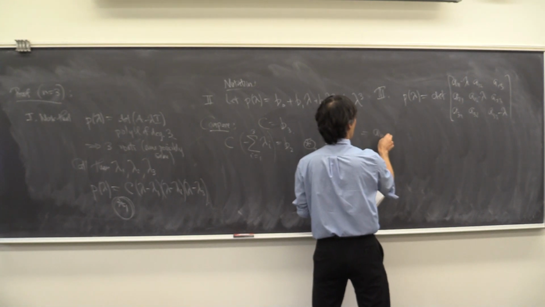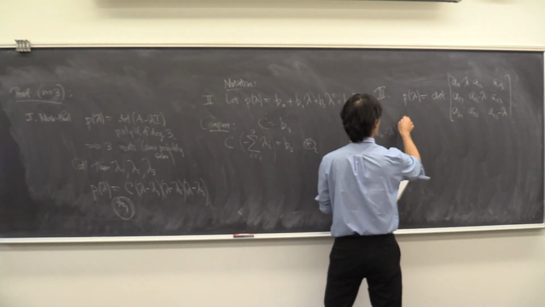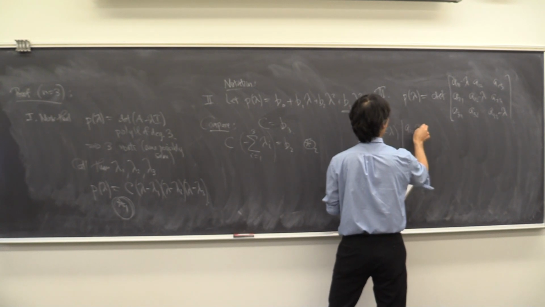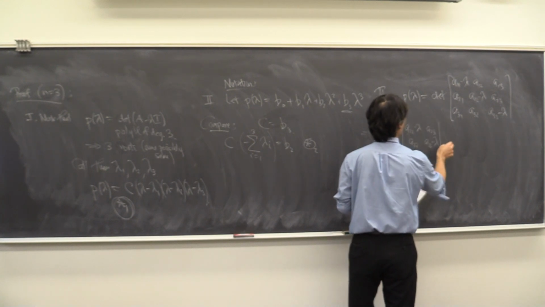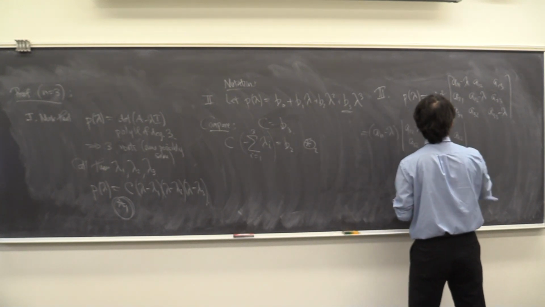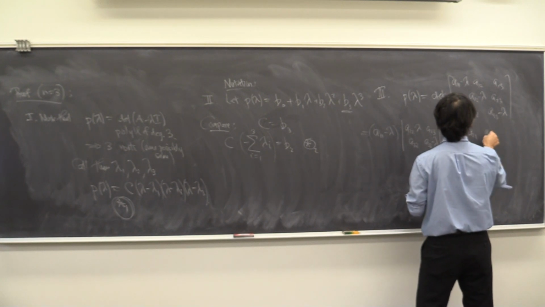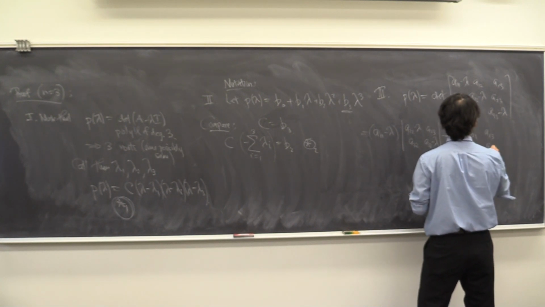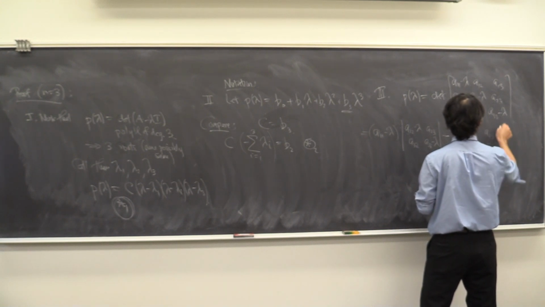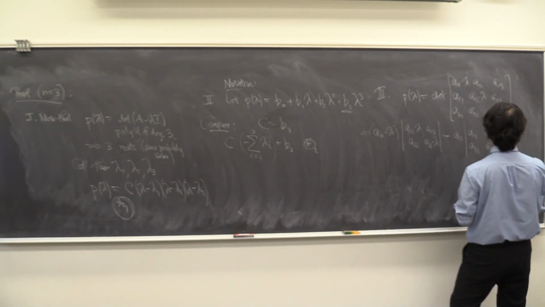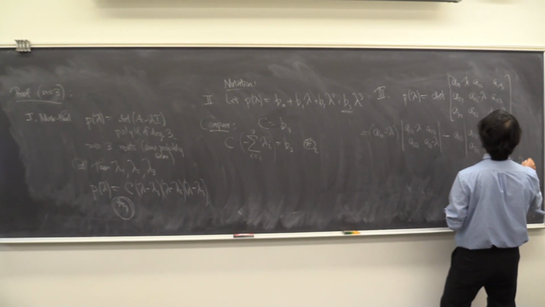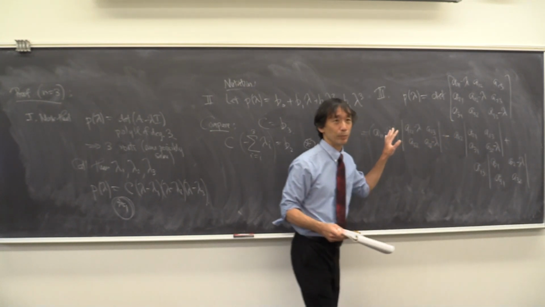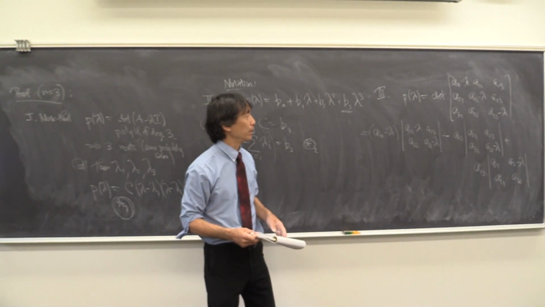This is going to be A11 minus lambda times the determinant of A22 minus lambda, A23, A32, A33 minus lambda, minus A12 times the determinant of A21, A23, A31, A33 minus lambda, plus A13 times the determinant of A21, A22 minus lambda, A31, A32. So we just expand down the first row.